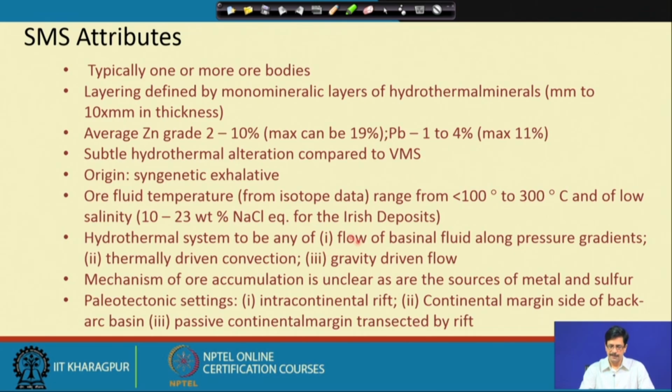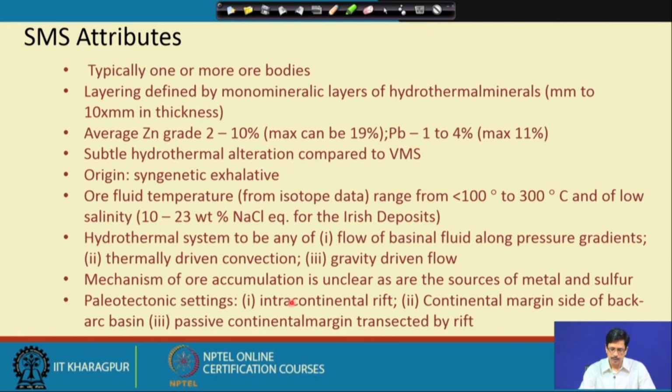In the case of a flow of basinal fluid, the temperature of the fluid is definitely expected to be not very high, but there must be some situation where the sedimentary strata have been compressed and the basinal fluid squeezed out along a pressure gradient, and those fluids, by virtue of their higher salinity, could have dissolved an appreciable amount of the metal and deposited it in the locales as shown.